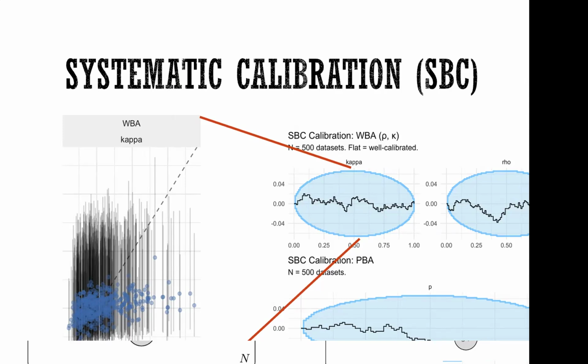And therefore the calibration would tell us you have a U shape and it's miscalibrated in terms of the confidence or the certainty that you have in your results. And that's why we're doing both. But the smart thing is that as we're running this simulation, we can extract both plots from the same simulation.